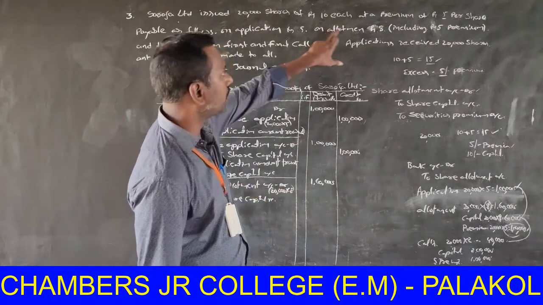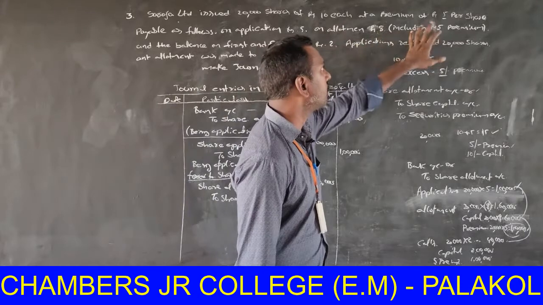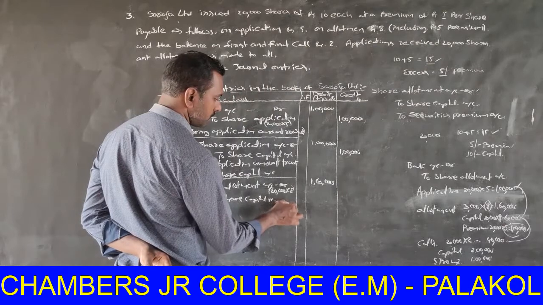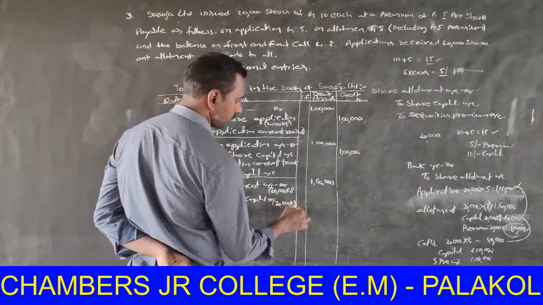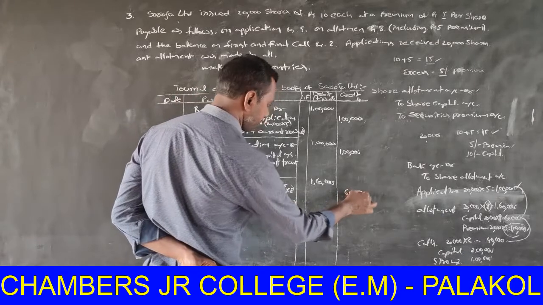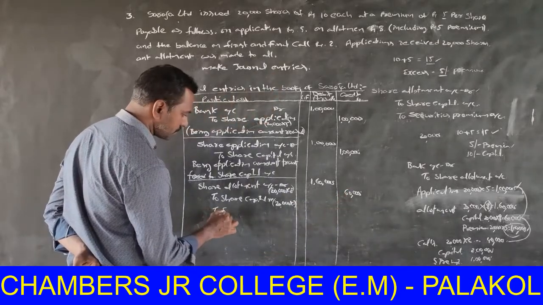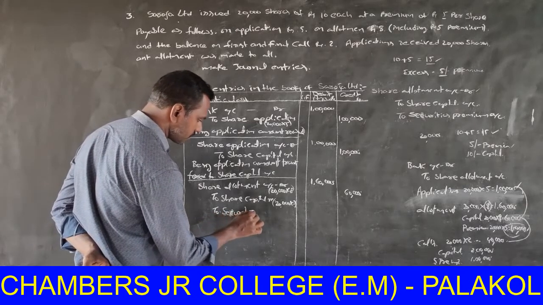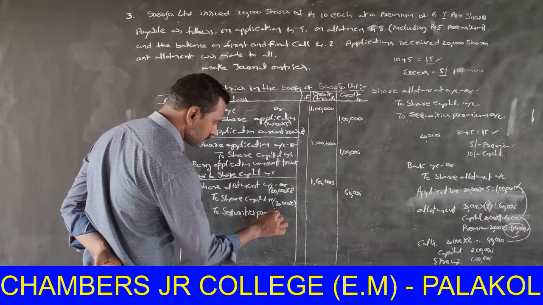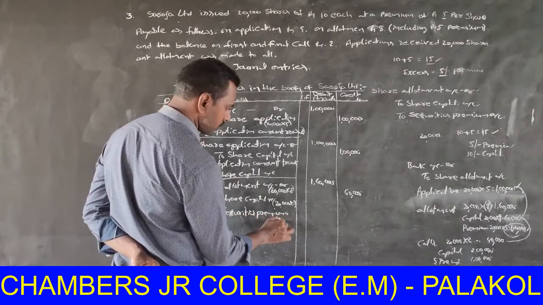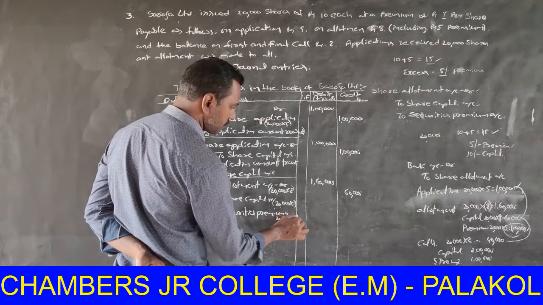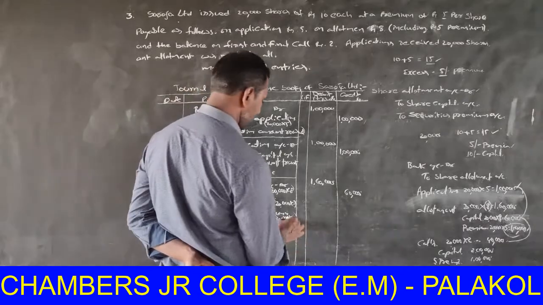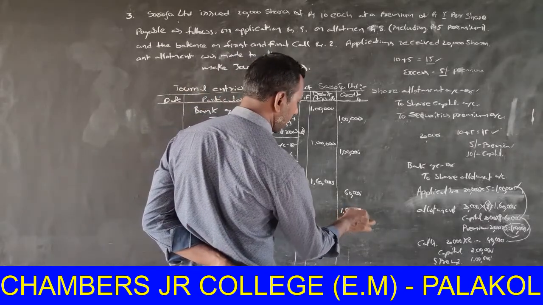Here the money collected on allotment is 8 rupees including 5 rupees premium. So the remaining 3 rupees is capital: 20,000 into 3, 60,000. And to securities premium account, 20,000 into 5, each share 5 rupees premium, so 1 lakh.